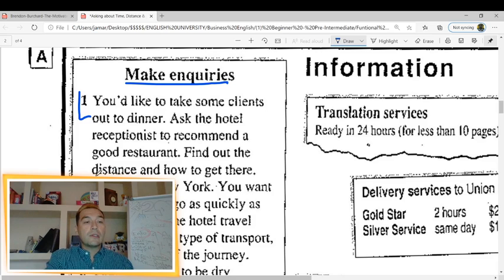Find out, so you need the distance and how to get there. So this question is about distance and directions. All right, so with distance, we're going to need to give some directions.